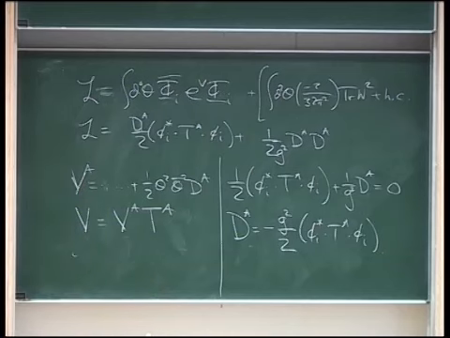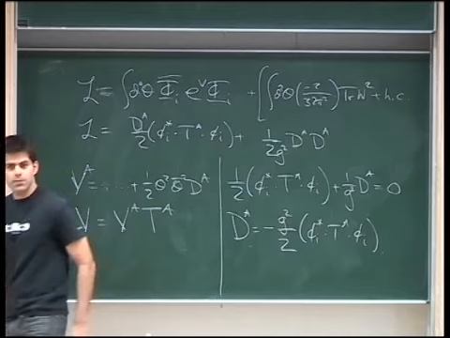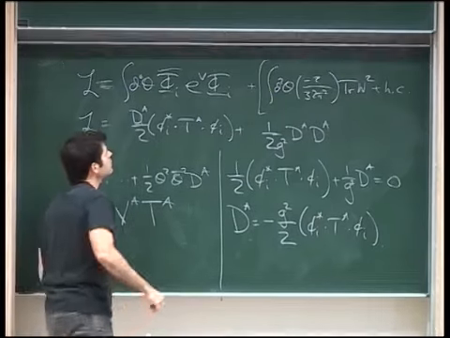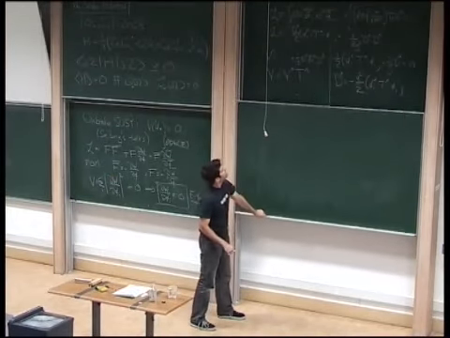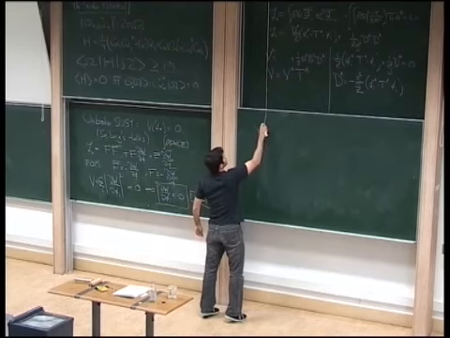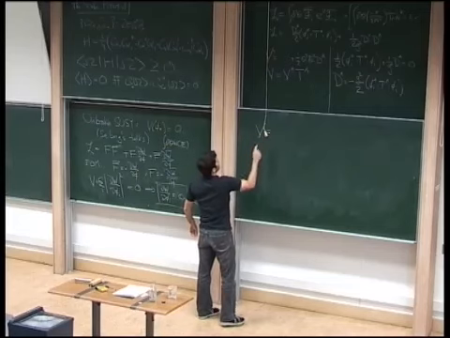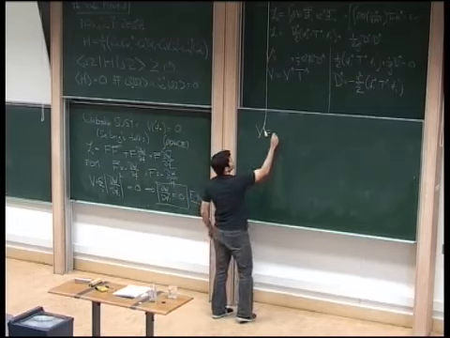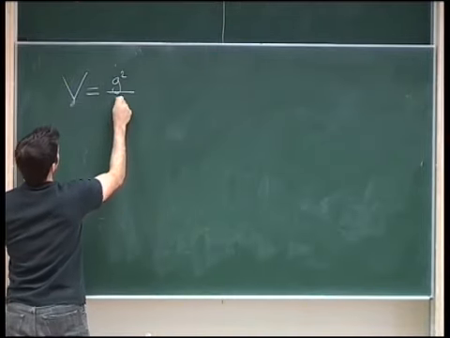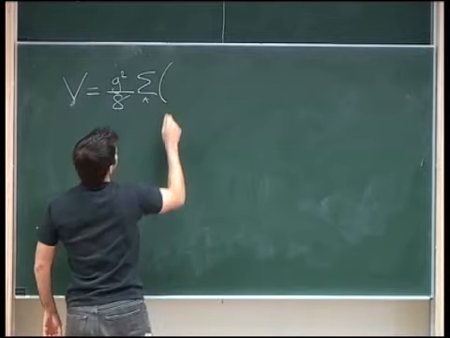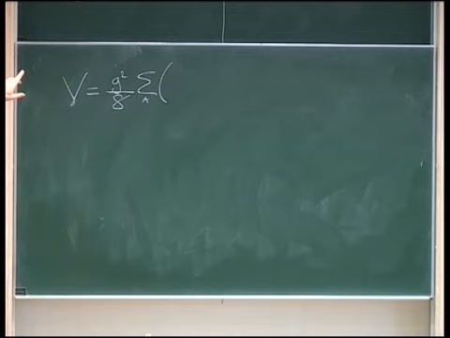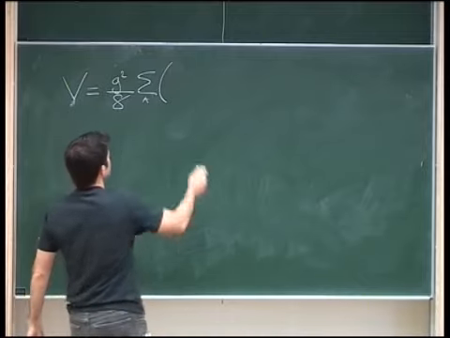Great. And now if I plug this all in, I can do exactly the same thing as I did over here, which is not so bad. And so if you plug this all in, what you get is that the scalar potential goes like g squared over 8, sum over A. Implicitly in this thing, I probably should have written it explicitly in the Lagrangian here, I've written a sum over this i index, which labels what the scalar fields are.